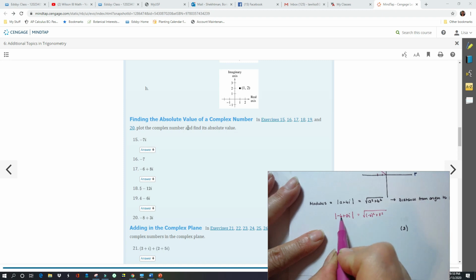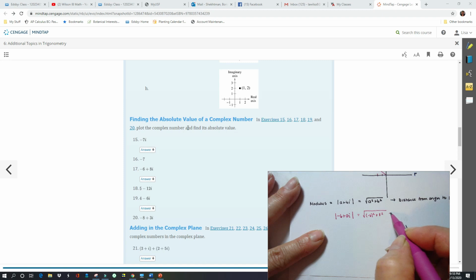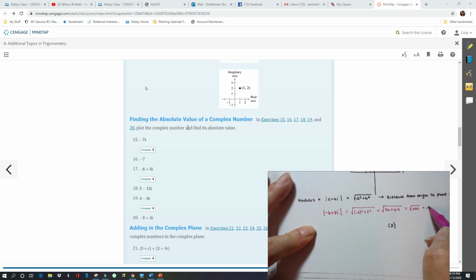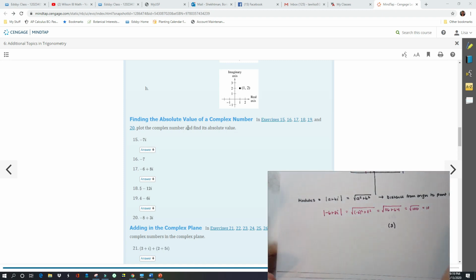Popping that in and squaring it, popping that in and squaring it. Well, -6 squared is a positive 36, and 8 squared is 64, and 36 plus 64 is the square root of 100, and you know that the square root of 100 is 10. So the length of this thing is 10.